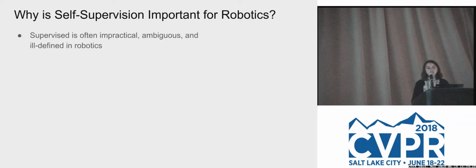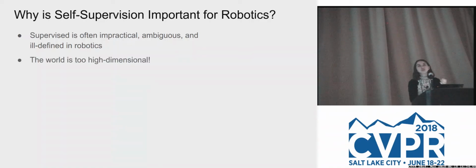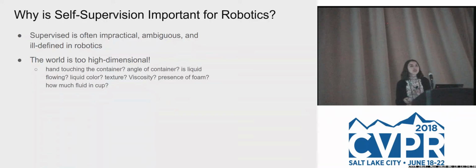Why is it important? We already went over some of this in the beginning. Supervision may be ambiguous or subjective or ill-defined, and maybe even impractical for robotics to determine all the poses and all types of things happening. In robotics, you have a lot of sensors, a lot of data. Things are complicated.